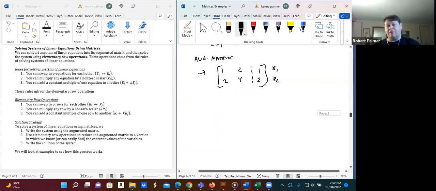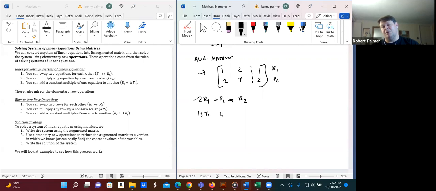And the same way, I want to make this 0. So I'm going to do the same operation I did before. To make that 0, I want to do -2 row 1 plus row 2, and make that my new row 2. So once again, first we do -2 row 1. Just multiply the first row by -2.